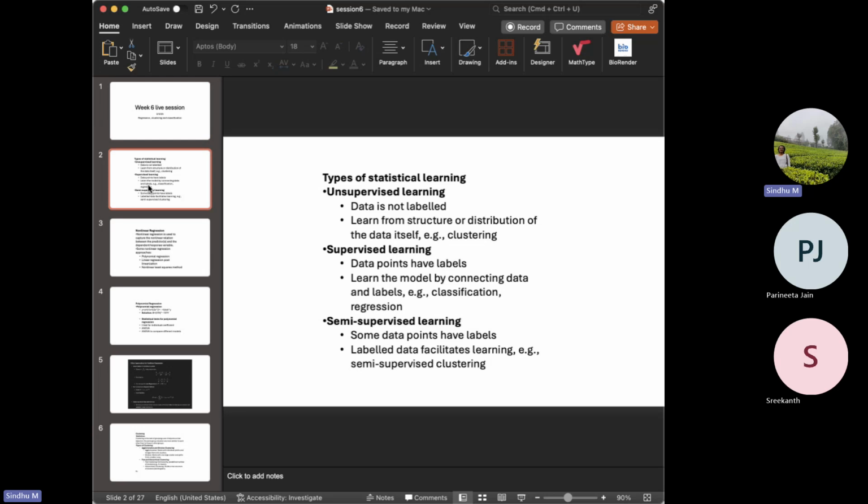That is the idea in supervised learning, where the data points have labels, and based on the input data points that we give, even when we give a new data point, the model will try to predict and classify it. Finally, we have semi-supervised learning, which is a mix of supervised learning and unsupervised learning.